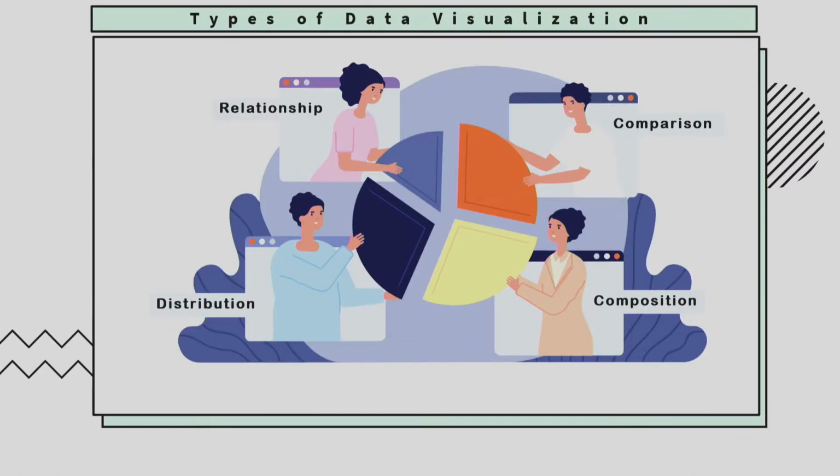So just a brief recap of what Sir taught us last week. We know that there are different types of data visualization. We usually do this data visualization for either showing relationship between two variables, trying to understand the distribution of the data, trying to compare between the data sets, or understanding the composition of our entire data.